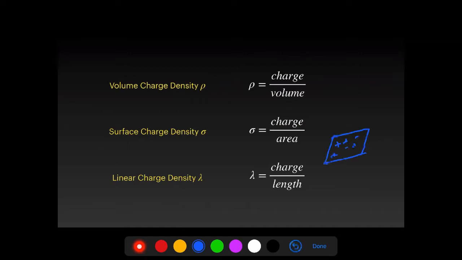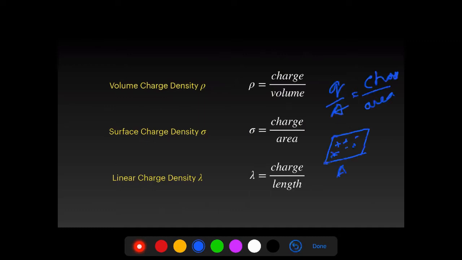So we get charge per unit area, and that is the surface charge density, represented by sigma.